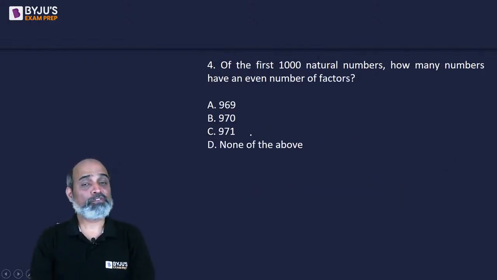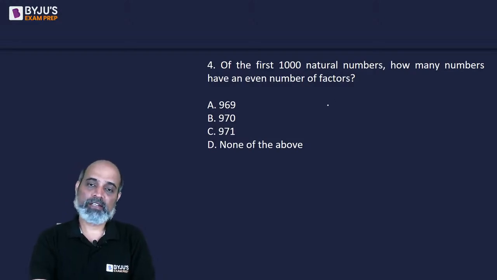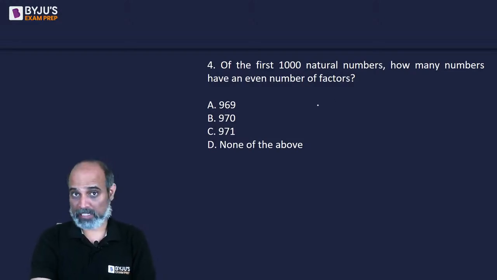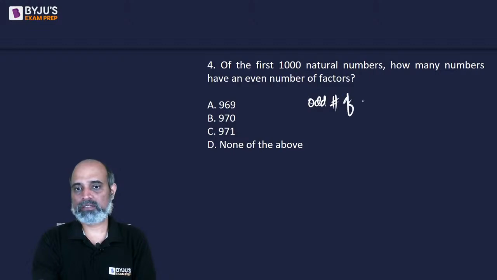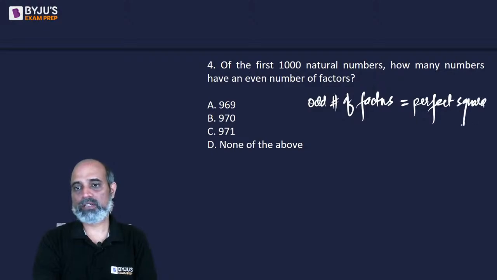Next, out of the first 1000 natural numbers, how many numbers have an even number of factors? Well, you should know, this is going to be straightforward only if you know that an odd number of factors exists for perfect squares and vice versa, and an even number of factors will obviously exist for non-perfect squares.